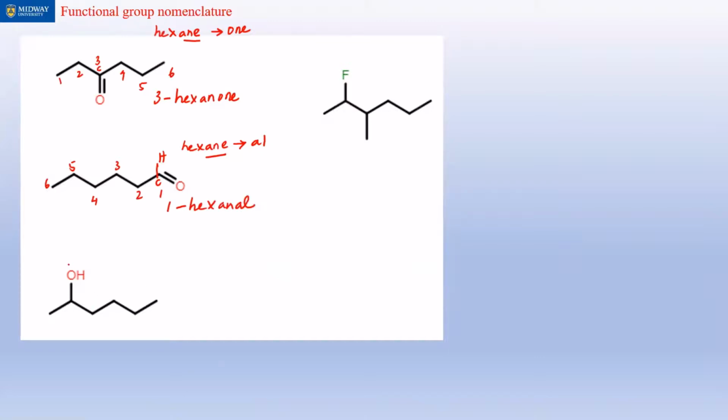Again, if it's only one functional group and it's an alcohol, we replace the E with OL. So we start numbering from this side again, 3, 4, 5, 6. It's hexane, and then the alcohol group is in the second position, so it's hexanol.